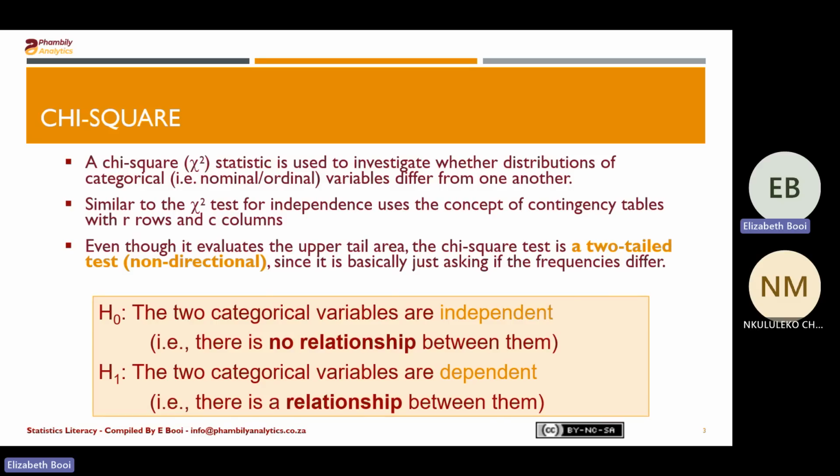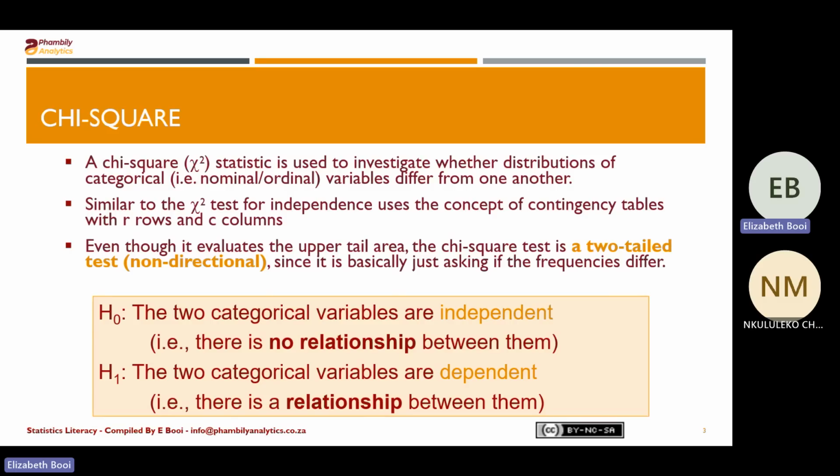Depending on the type of variable that we have, if it has three values, like for example a yes, no, maybe response to one of the questions, then it will have three rows. And if we're doing a test of a relationship with gender, then gender has two values, male and female, so it will have two columns, something like that.